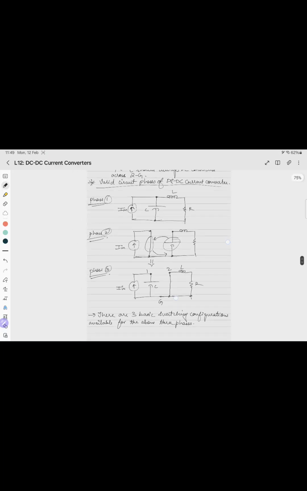First, if you just observe this C, you'll find that C is always in parallel. Just in the first case it is connected to both input and output, in the second case it is connected to output, in the third case it is connected to input.